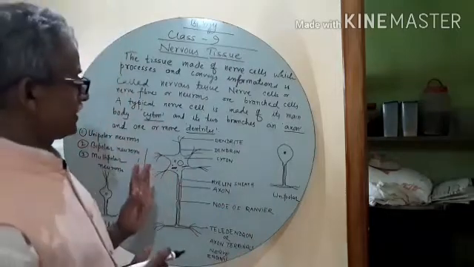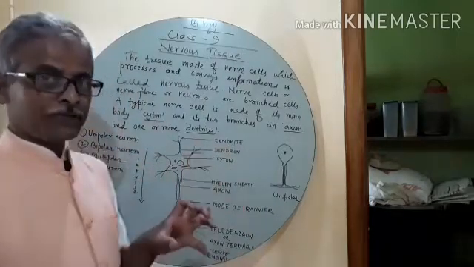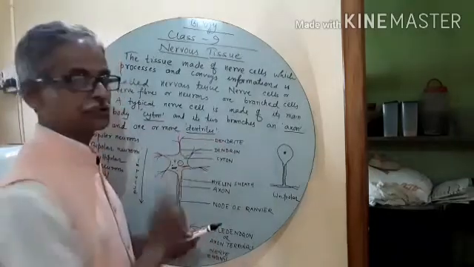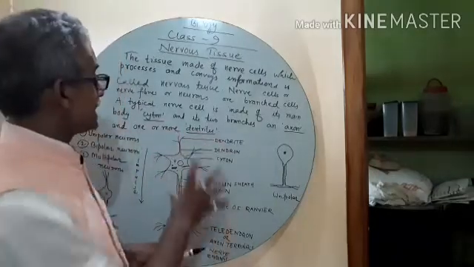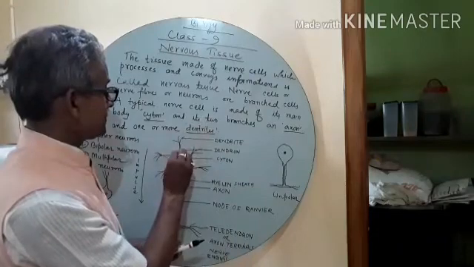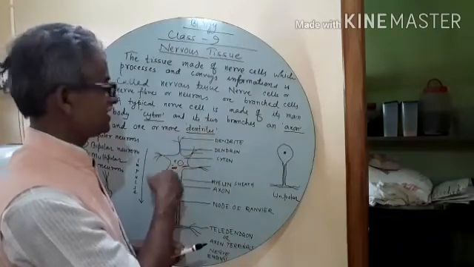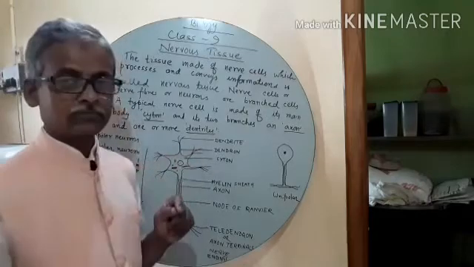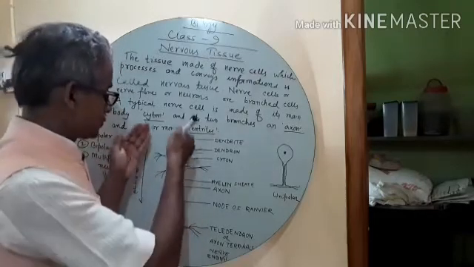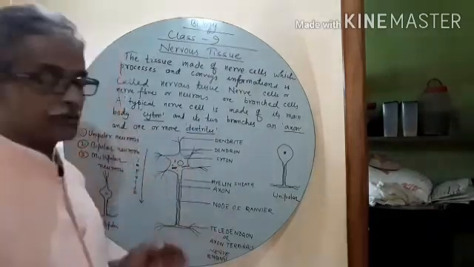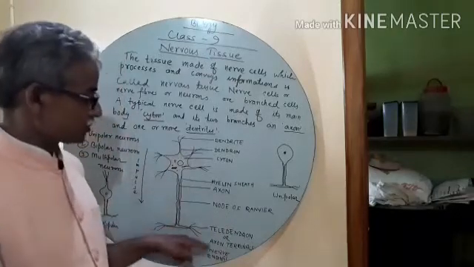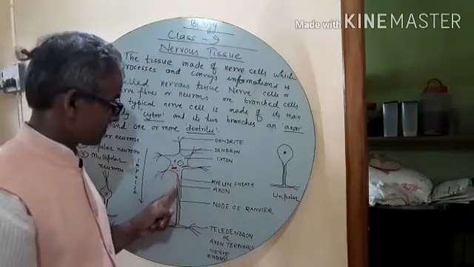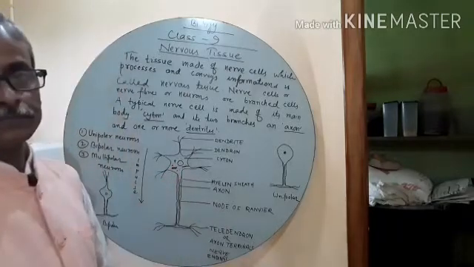In the same way, any information which is received by the dendrites changes into electricity in cyton, and that moves forward towards the axon terminals in the form of electric impulse.